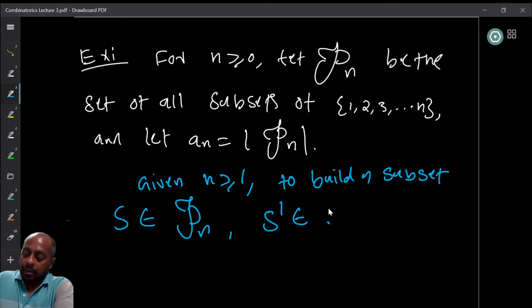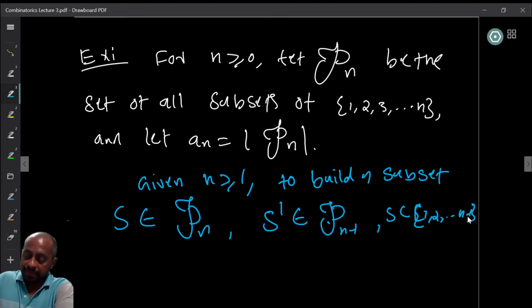So we remove the element n and look at the subsets in P_{n-1}. This means that S dash is a subset of the set 1 to n minus 1.